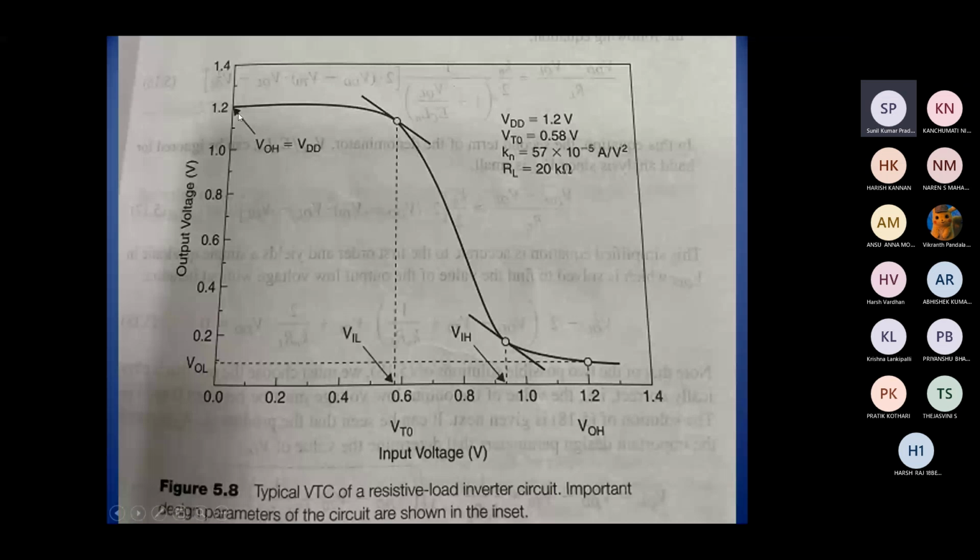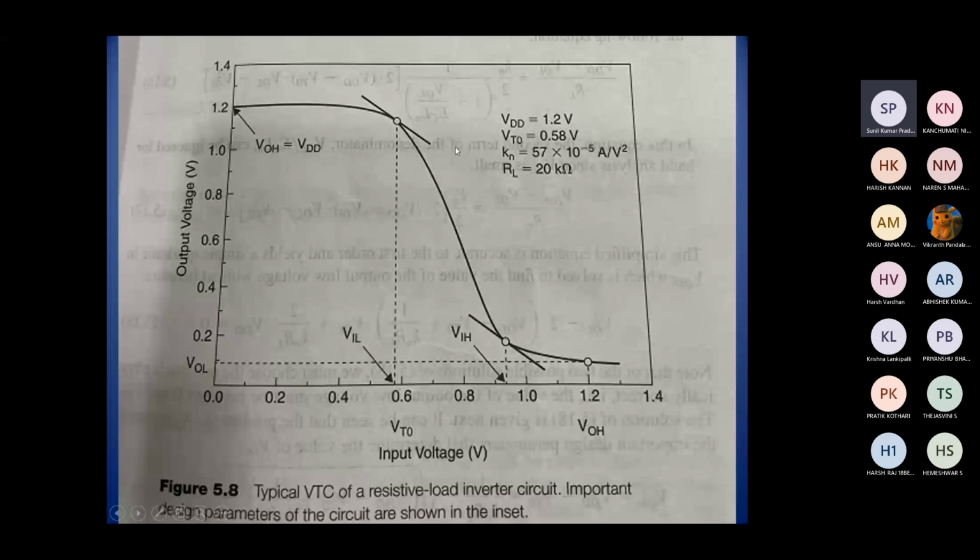So this is the typical voltage transfer characteristic of the resistive load inverter circuit, and there are certain points we have to take into consideration. This is the output high voltage, which is equal to our supply voltage VDD. VDD is the supply voltage, as you know, and this is our VIL, the input low voltage. This is our input high voltage, VIH. At these two points, the slope is equal to unity.